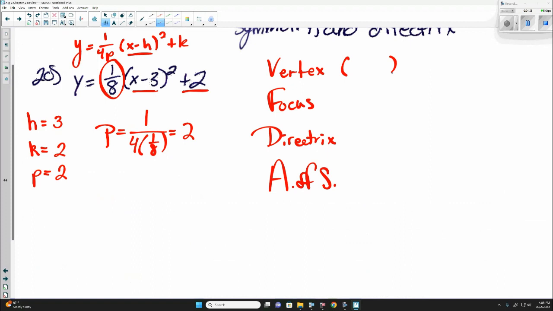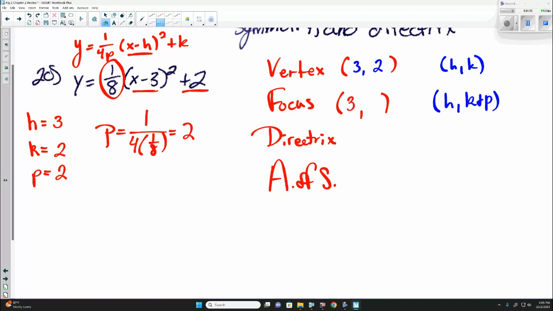Now our vertex is the point h comma k. Well, the h value is 3, the k value is 2, so our point is 3, 2. Our focus in the general form with y equals is h comma k plus p. Well, we do have the h value.